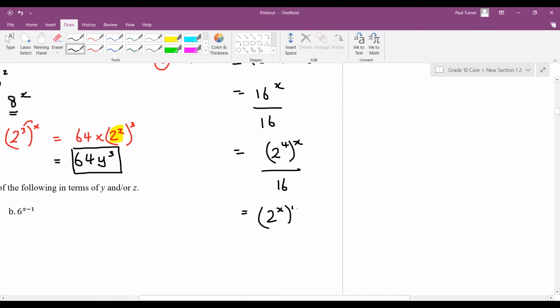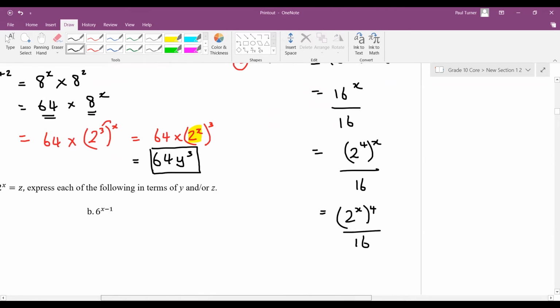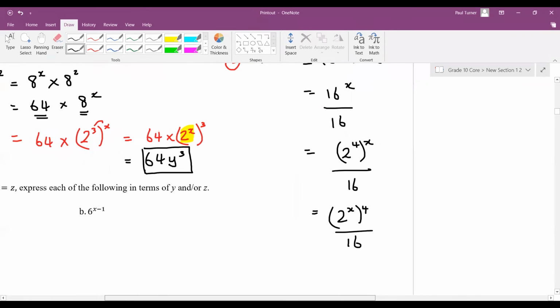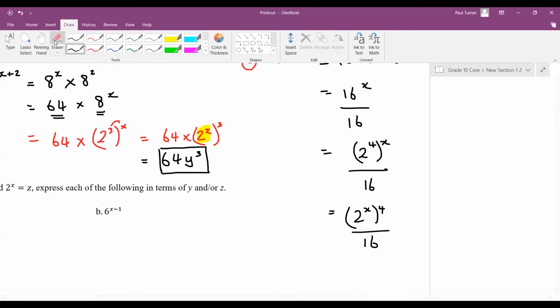Bring the 4 on the outside, because that's exactly the same thing. That's 16. Now this here is going to be y. I think I had an error in my answer key. Anyway, so it looks like this is going to become y^4 on 16. Did you get that answer?